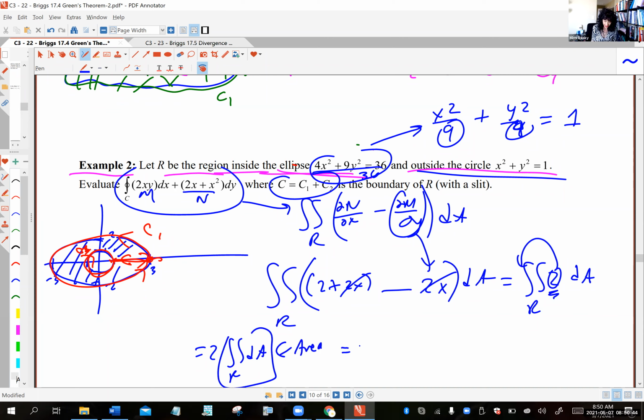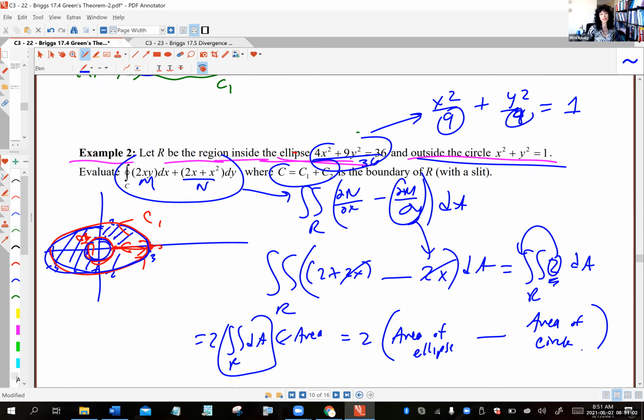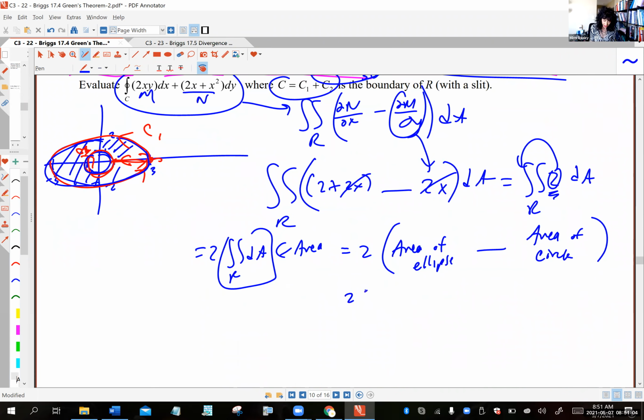So what's the area? It's going to be the area of the outer shape here, which is the area of the ellipse, minus you cut out the area of that inner shape, which is the circle. Now you just use your knowledge of areas of ellipses and circles. So you know pi AB minus pi r squared.